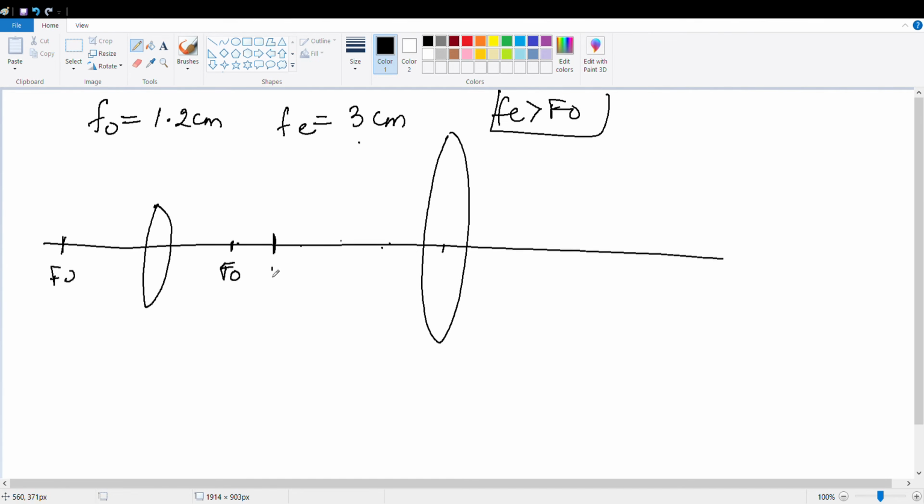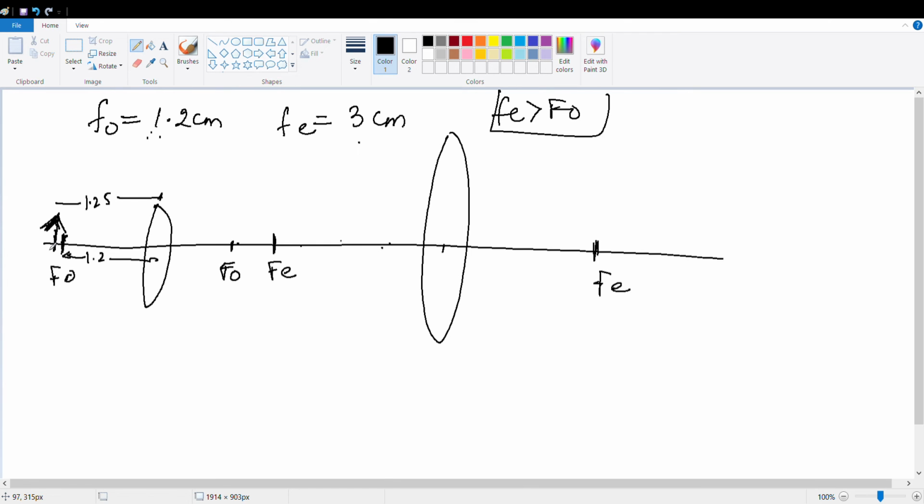So the object is placed 1.25 centimeter. If this is 1.2, the object is placed somewhere here and this is 1.25. And what is the focal length? 1.2. So the object is placed just after the focal length FO. Yes or no?